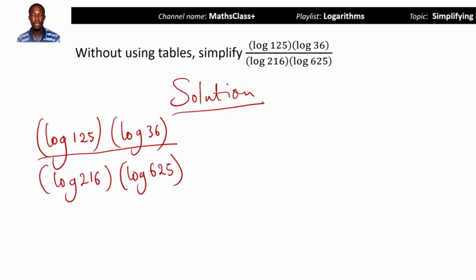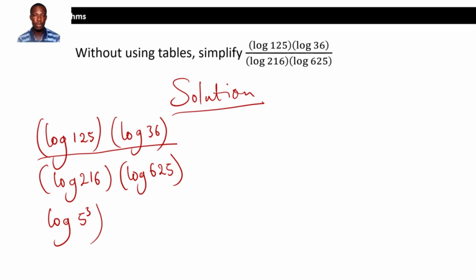So what we are going to do is rewrite the values so that if we can do some cancellations, we go ahead and do it. So we are going to write log 125 as log 5 to the power 3. And this is multiplying log 6 to the power 2.